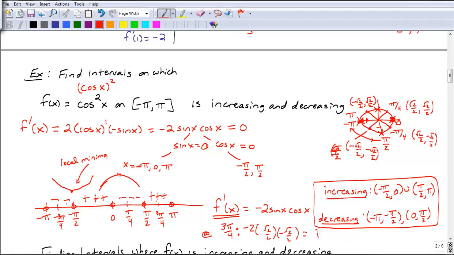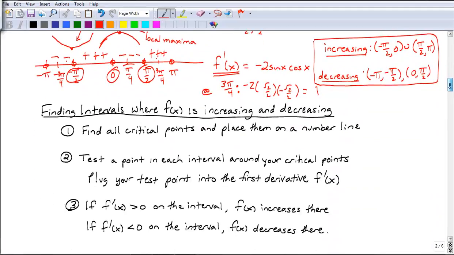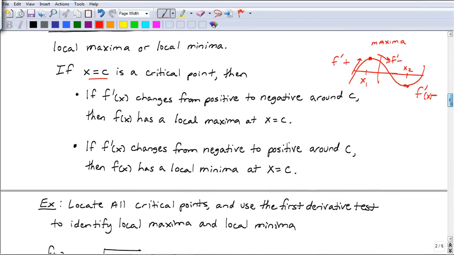You can see that that's a local maxima by the first derivative test. So you can use this number line to tell whether those critical points are maxima or minima. Negative pi over 2 has a local minima, and 0 has a local maxima, because of the way it's increasing and decreasing. That's what the first derivative test does for us. It lets us figure out the shape of the graph.